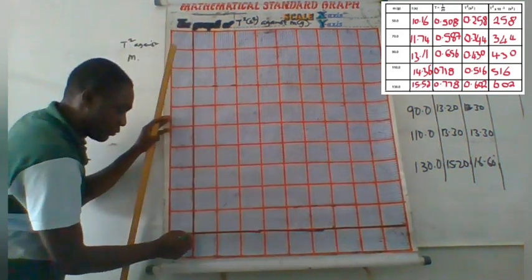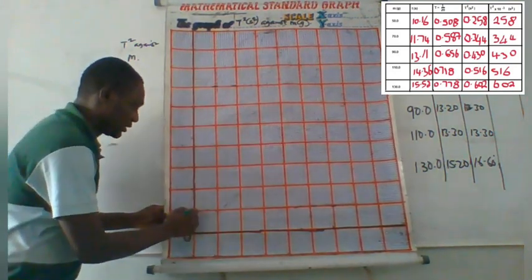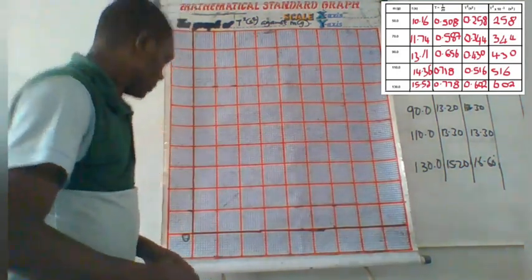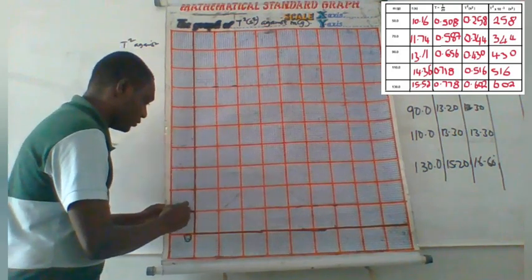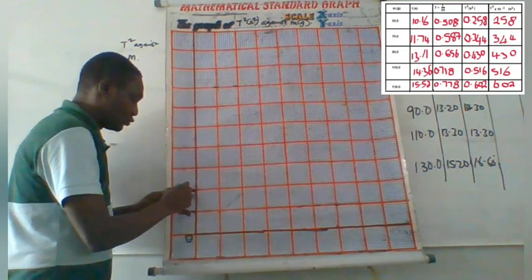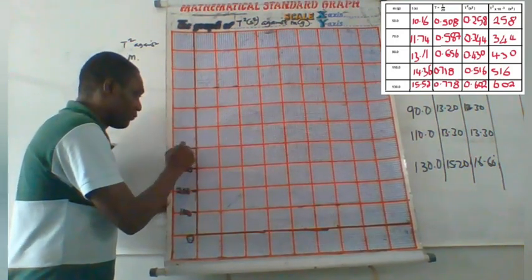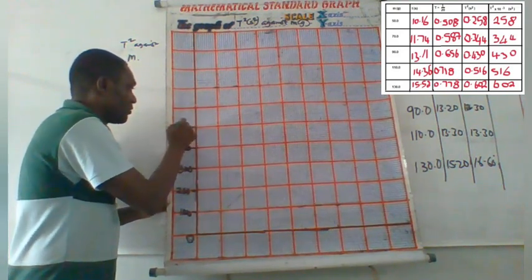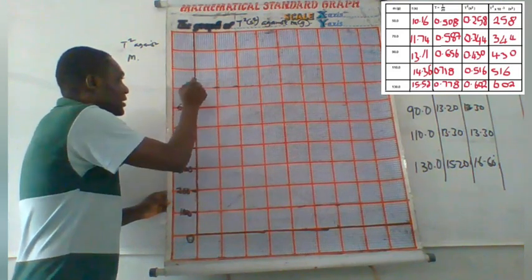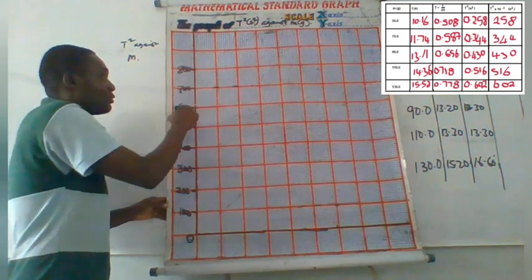This is 0. So let's fit in our values. This is 100, 200, 300, 400, 500, 600, 700, 800. So my values end at 800.